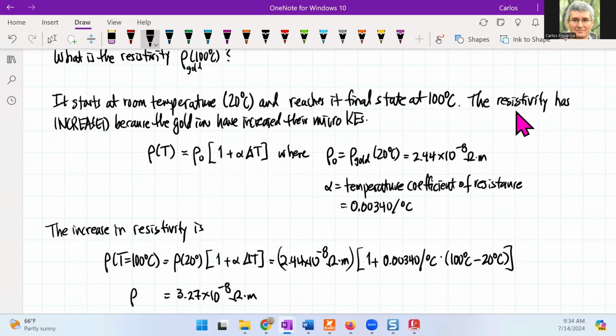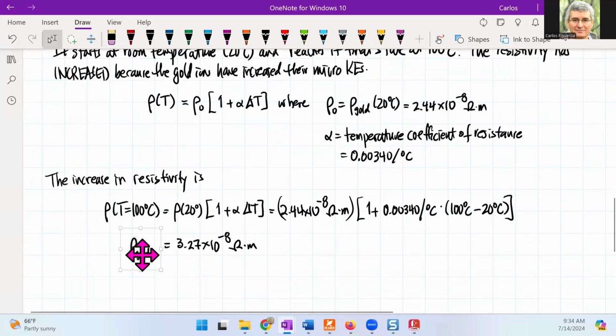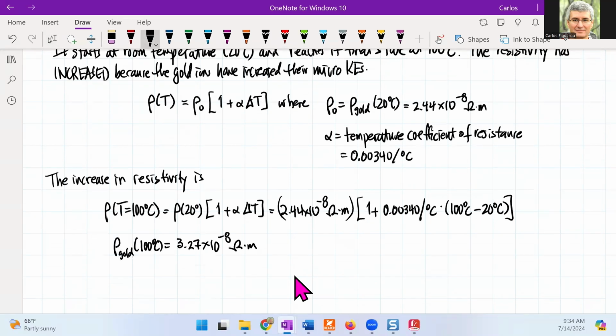So this is the resistivity of gold at 100 degrees C.